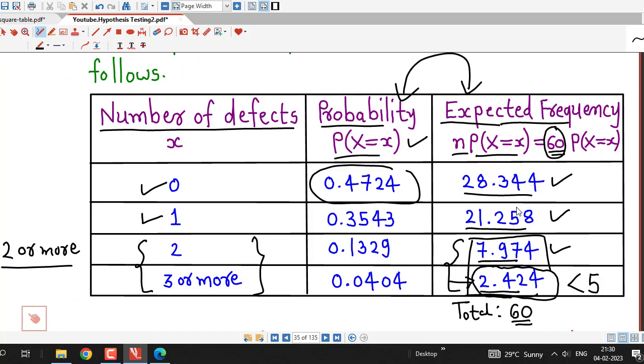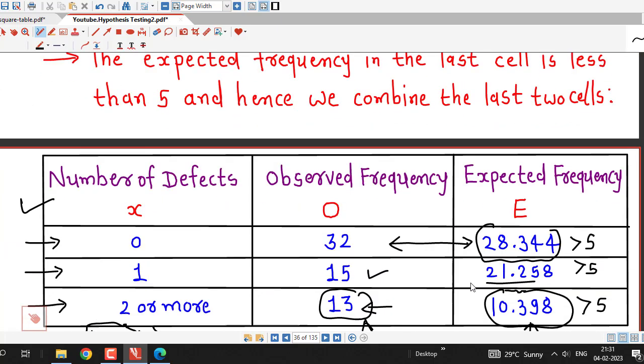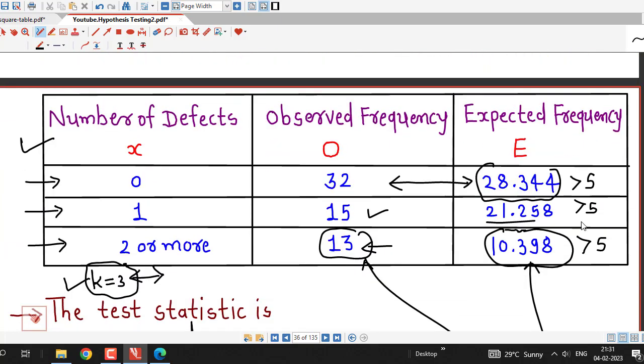Once we obtain them, we make sure that the expected frequency for each category is greater than or equal to 5. If it is less than 5 for some category, we combine that category with an adjacent category, so that all the expected frequencies become greater than 5. And when we combine adjacent categories, they have to be combined for the observed frequencies also.